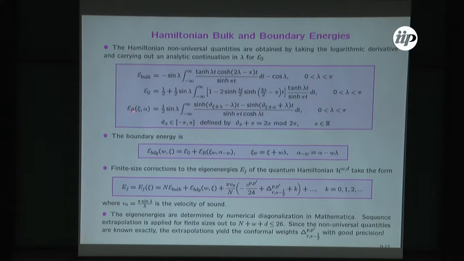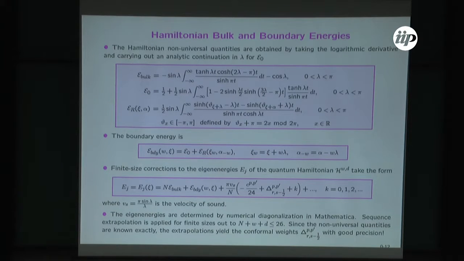For the contribution of the Raban boundary condition on the right, the parameter xi appears, and you can see that there is a non-trivial function appearing here. This theta is defined by this little equation here, and you immediately see that that can admit some discontinuities, but nevertheless, you're allowed to have such discontinuities in the boundary-free energy. So this one actually took quite a bit of work to obtain.